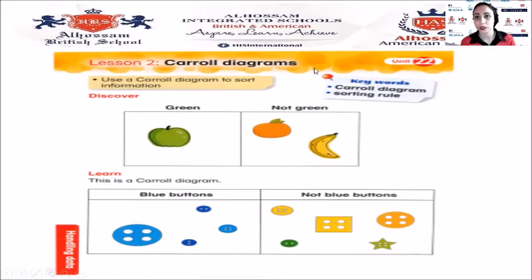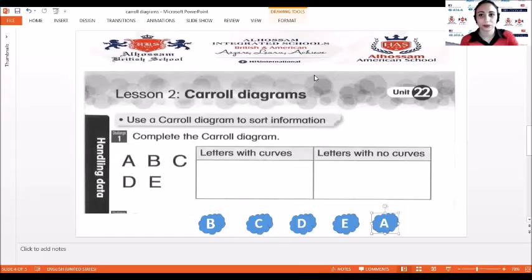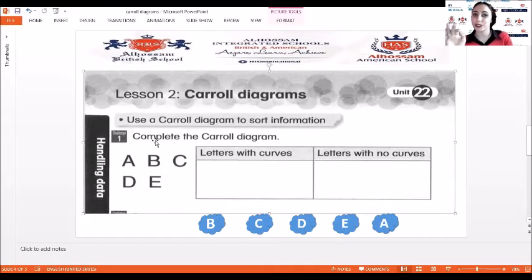Now, let's move on. We're going to answer this activity. Get your workbook and open it to page 120. At the first, we have activity two.